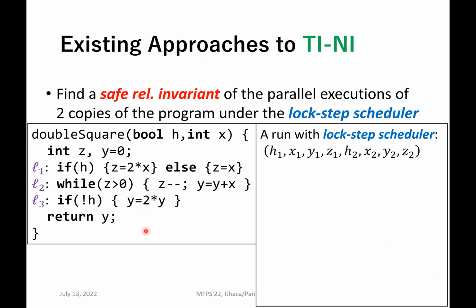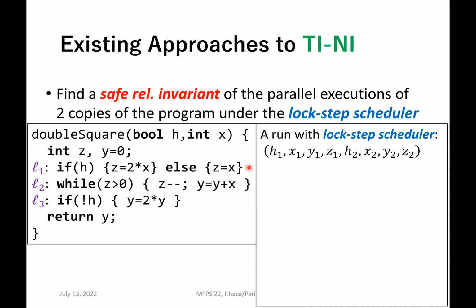An existing approach to verifying termination insensitive non-interference fixes a scheduler and tries to synthesize a relational invariant. The existing straightforward approach tries to find a safe relational invariant of the parallel execution of 2 copies of the program under the fixed lockstep scheduler, which tries to synchronize execution of the 2 copies.